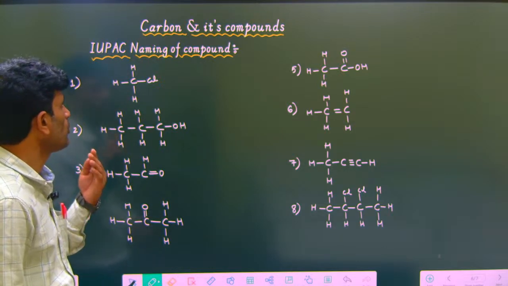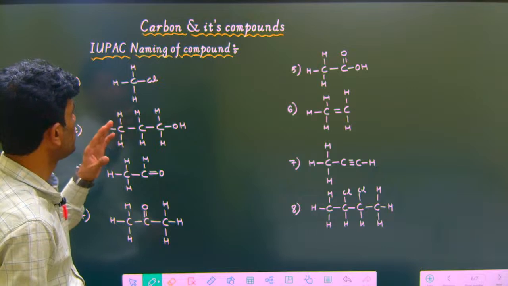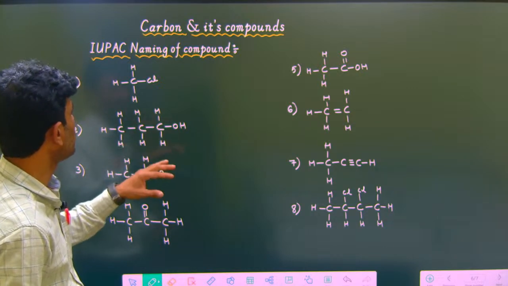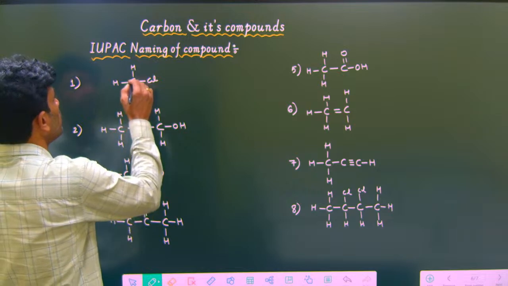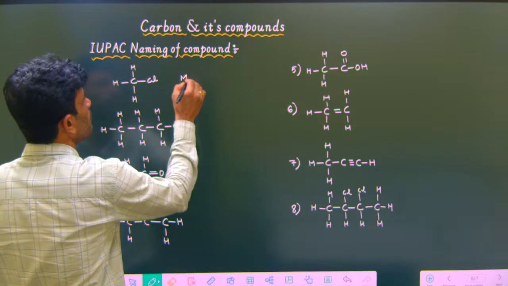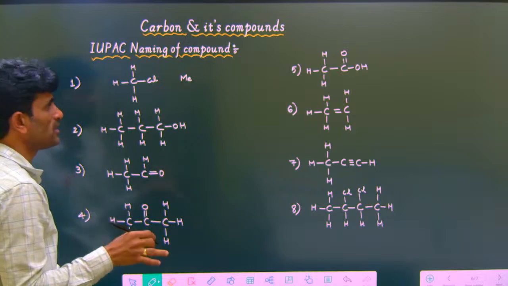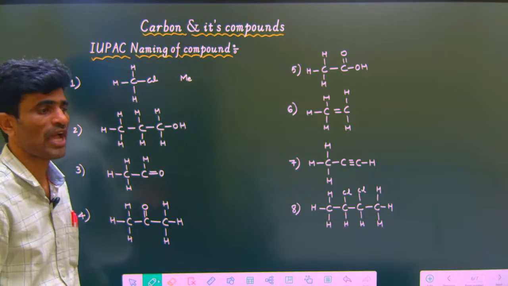So once you count the number of carbons, then you see what functional group is there in that structure. For example, if you see the first one, we have one carbon, so meth will come. Actually it is methane, but instead of one hydrogen, chlorine is attached. Chlorine is a halogen group.